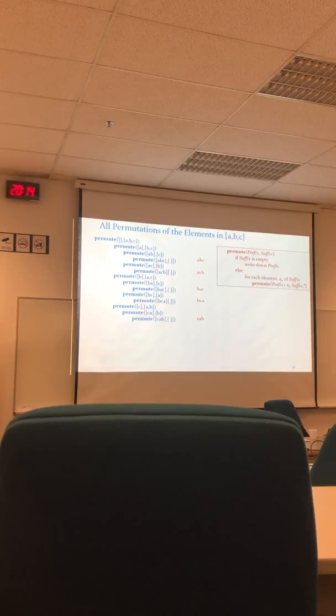Then the first step is to take one element out, the first element. That means those permutations start from A. Then we find out the permutation of two elements, B, C. That means the whole set excluding A.